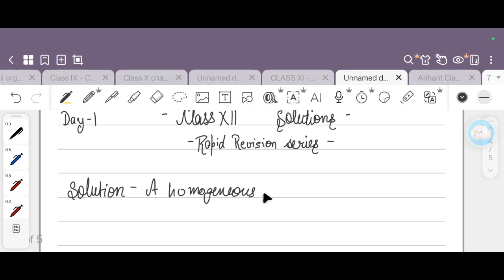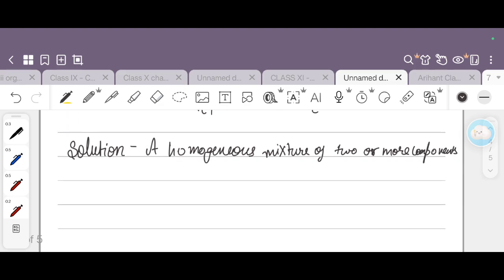Then we have two parts from which a solution is made: first is solute and the other one is solvent.